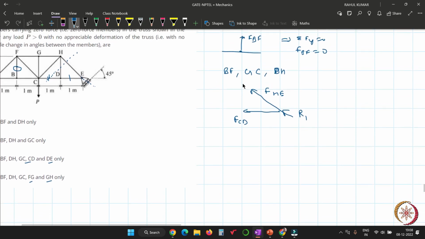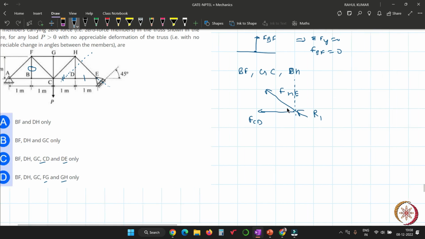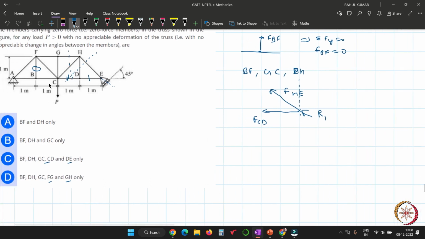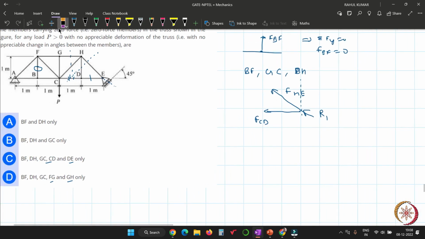Okay, so now if you apply, you can do one thing also: you can cut the section here. That is more advantageous. If you cut the section like this, then you will have more advantage. Suppose I'm cutting the section like this.